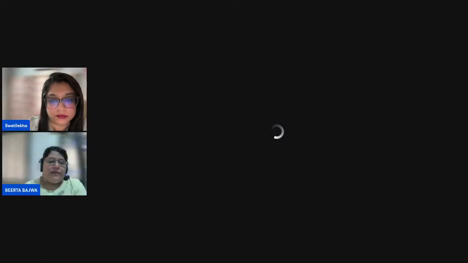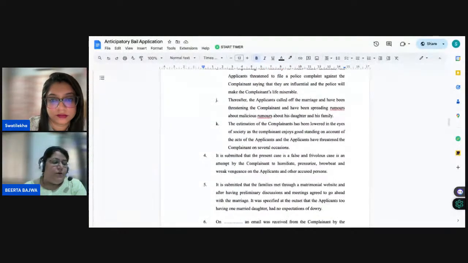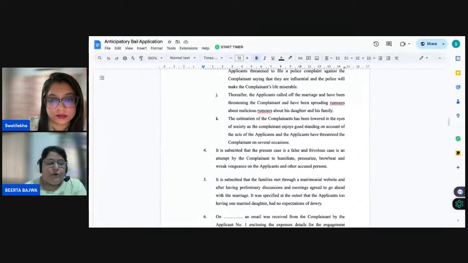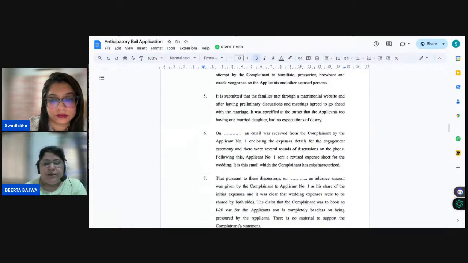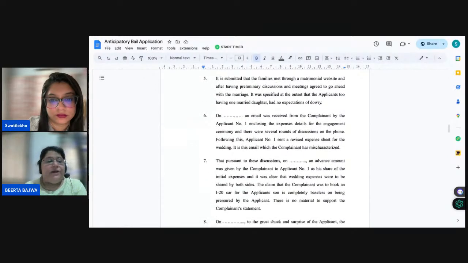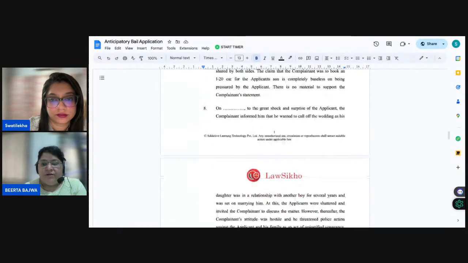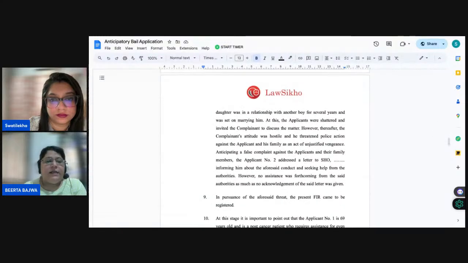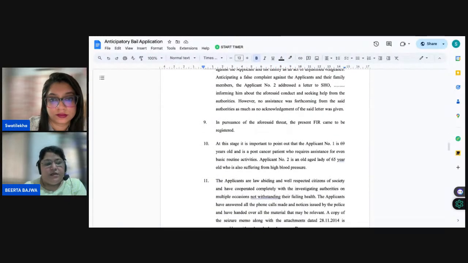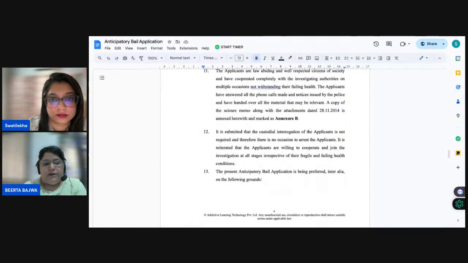As I had explained, under 420 also, there is one judgment of the Honorable Bombay High Court, the Sham Bhatia judgment, which clearly says that when offences are relating to documents, the custody of the accused is not required.